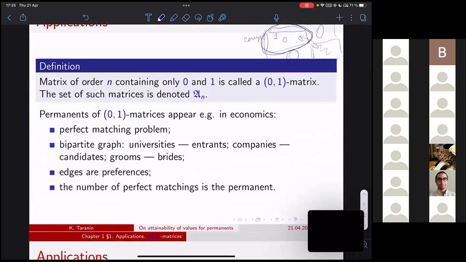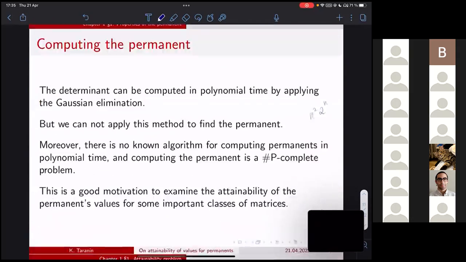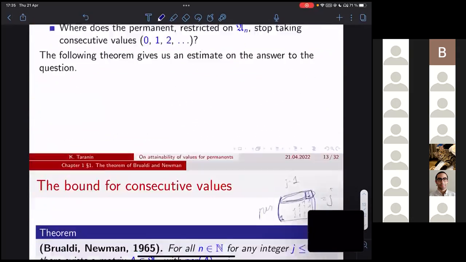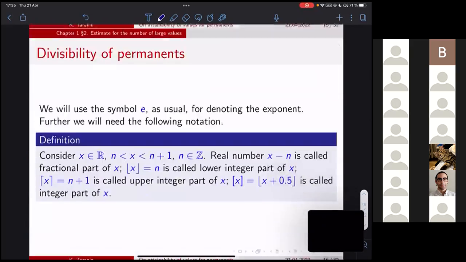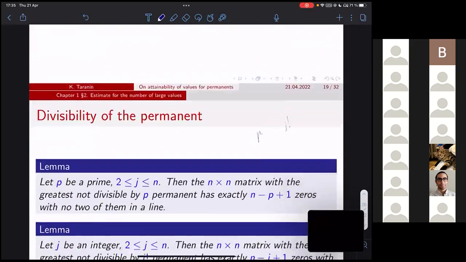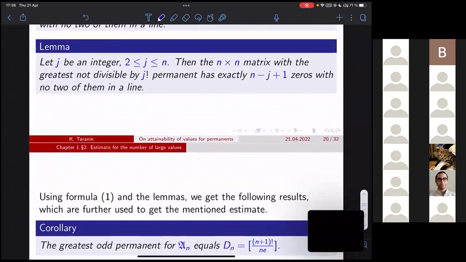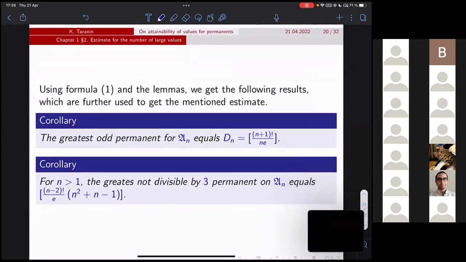The number of equivalence classes. As far as I remember, it's an open question. It's an open question, yeah.